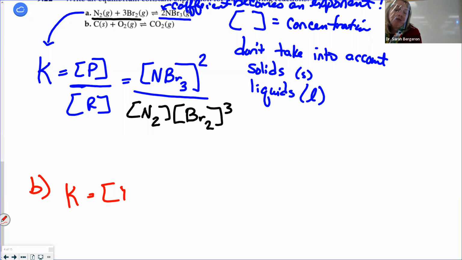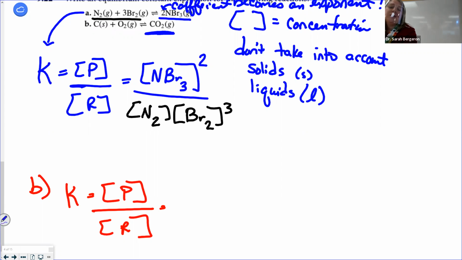It's our concentration of products over concentration of reactants. So what are my products over here? I only have one product, right? What's my product? CO2.